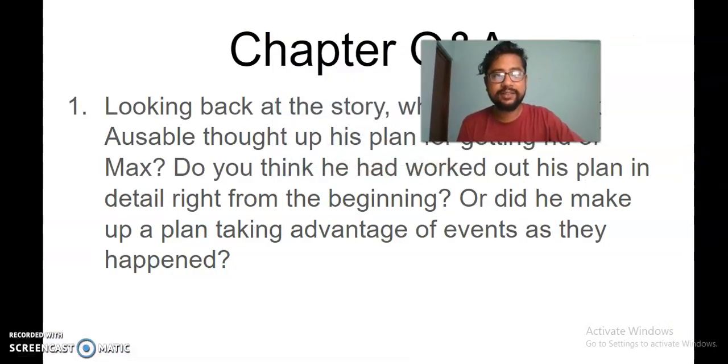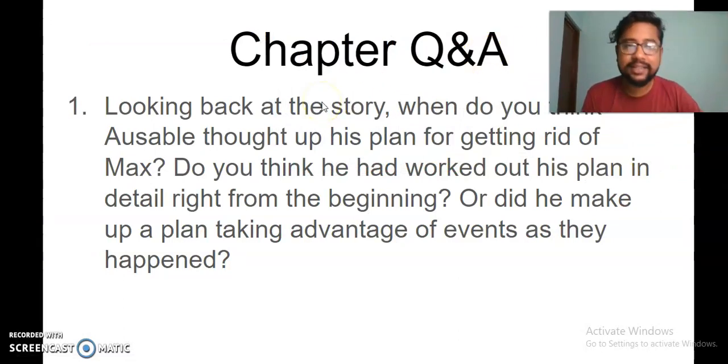The first question. Looking back at this story, when do you think Osable thought up his plan of getting rid of Max? I would think the moment he saw Max. He was very quick to talk about the balcony thing. Do you think he had worked out his plan in detail right from the beginning?